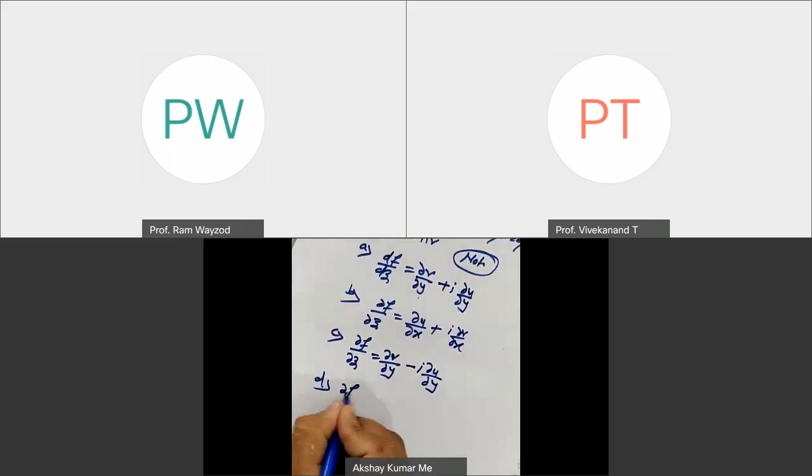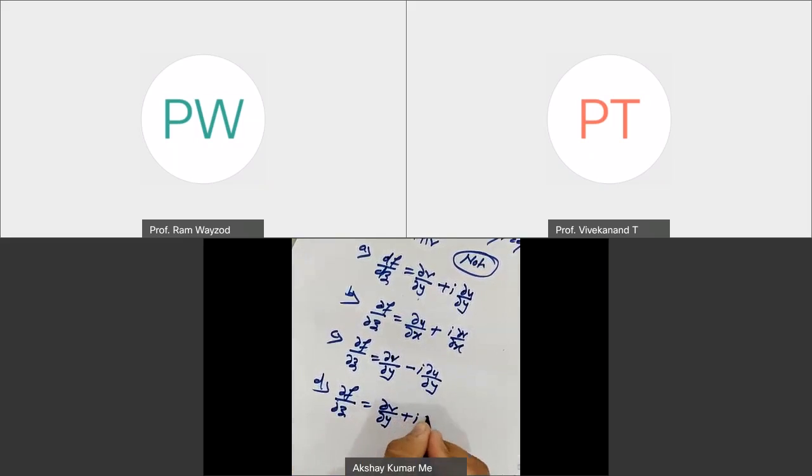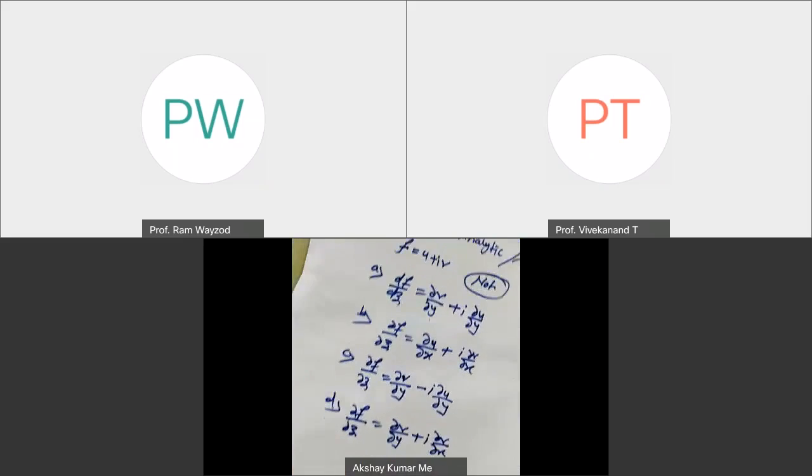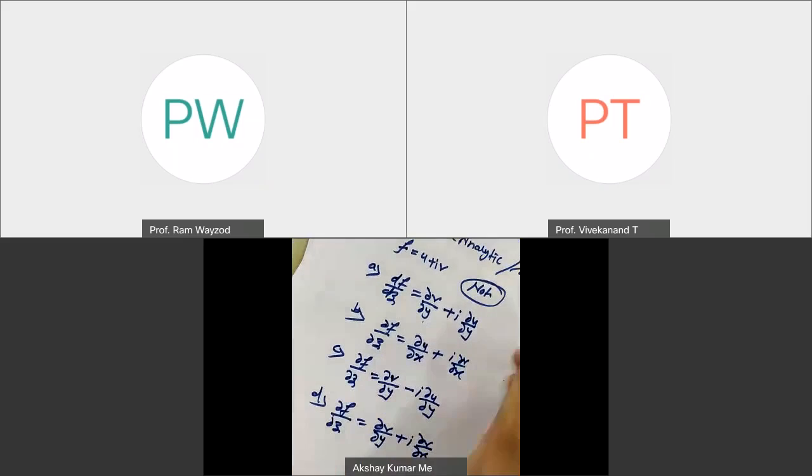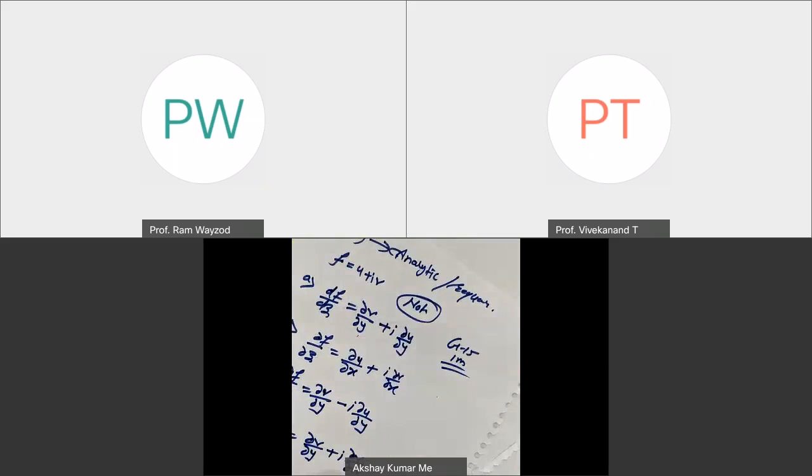And the last option is del f by del z is equal to del v by del y plus i del v by del x. So these are the options, and this question was asked in GATE 15 for 1 mark.